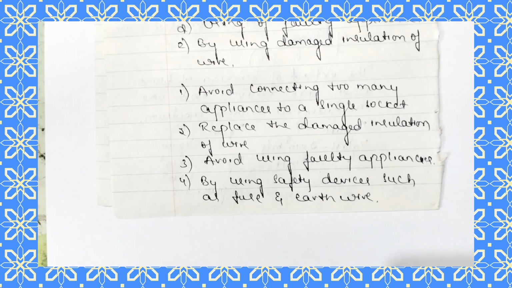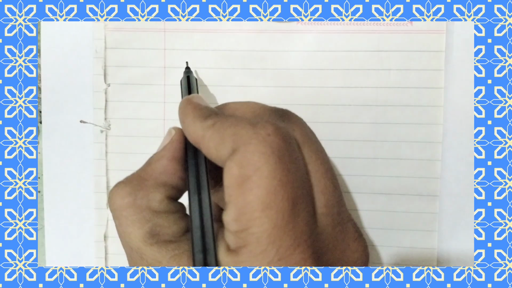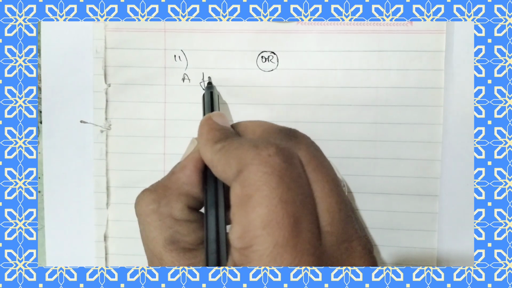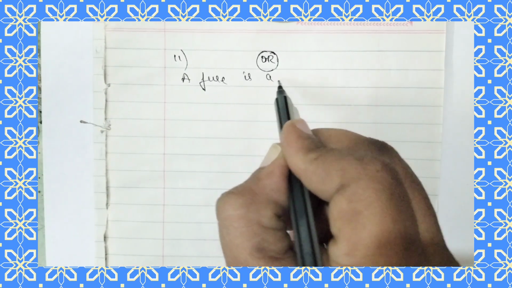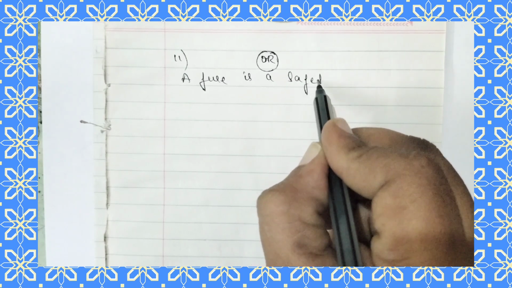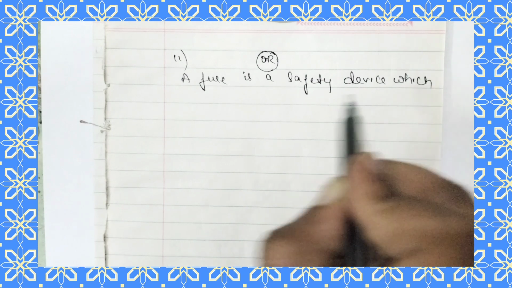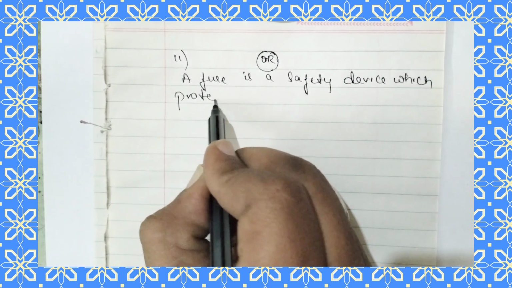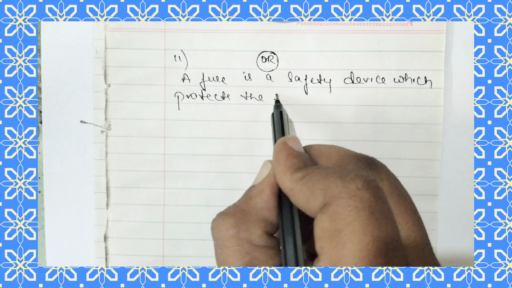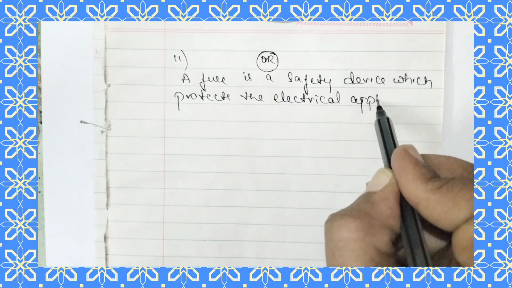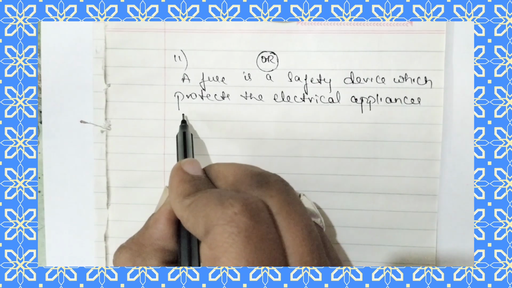Now in that one only, the internal choice question is there: what is a fuse? How does it work? So let us answer that question. The 11th one, internal choice question. A fuse is a safety device which protects the electrical appliances from damage.